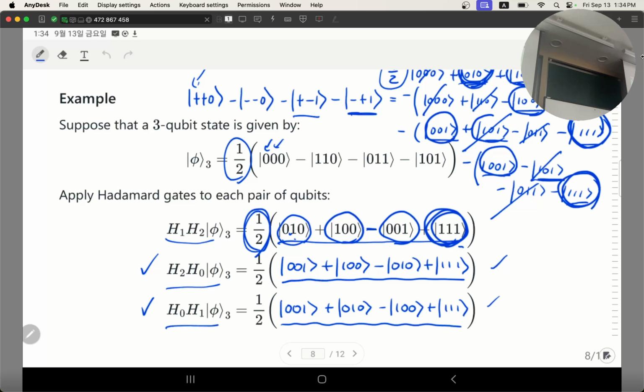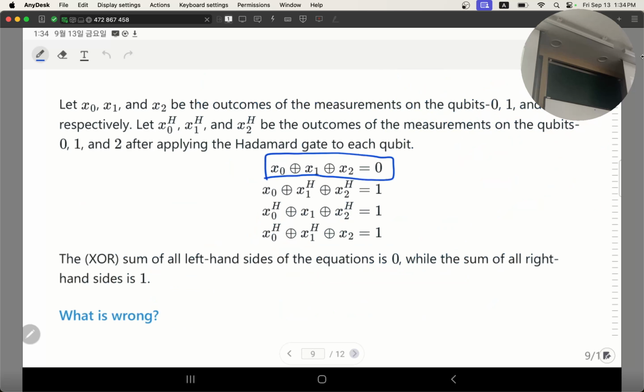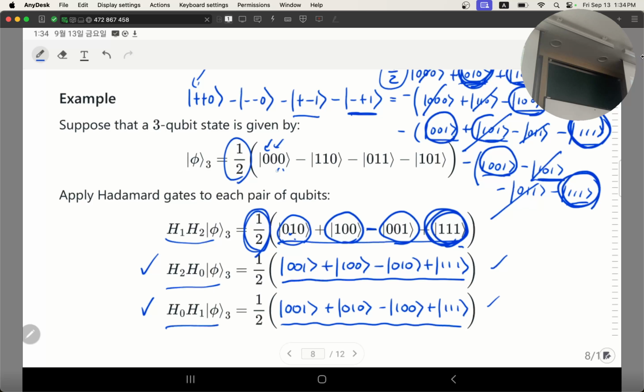So for example, if I didn't apply any Hadamard gate, as in here, x0, x1, x2 could be 0,0,0, 0,1,1, 1,1,0, or 1,0,1. There are only 4 possible choices for the triple x0, x1, x2, right?